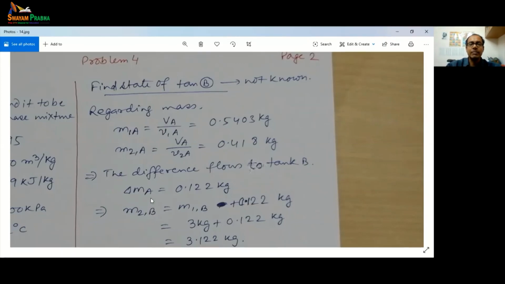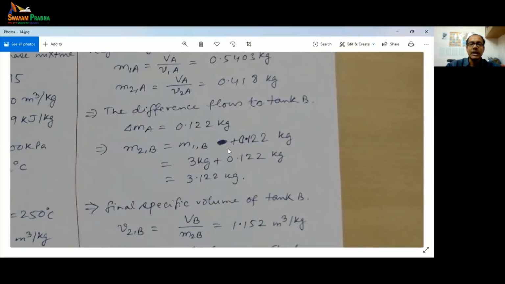And that delta MA is 0.122 kilogram. The initial mass of tank B is given, that's 3 kg. So the final mass of tank B is M1B plus 0.122, the difference of mass in tank A which goes to tank B. So the final mass, now we know, is 3.122 kilogram.